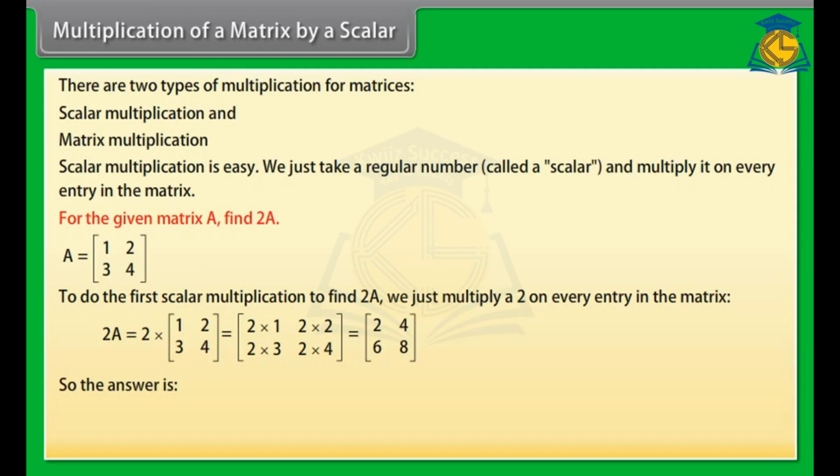So the answer is 2A is equal to matrix row-wise, first row 2, 4, second row 6, 8.